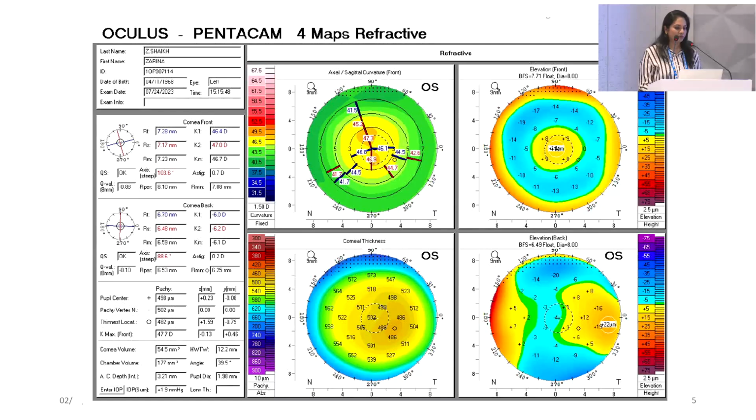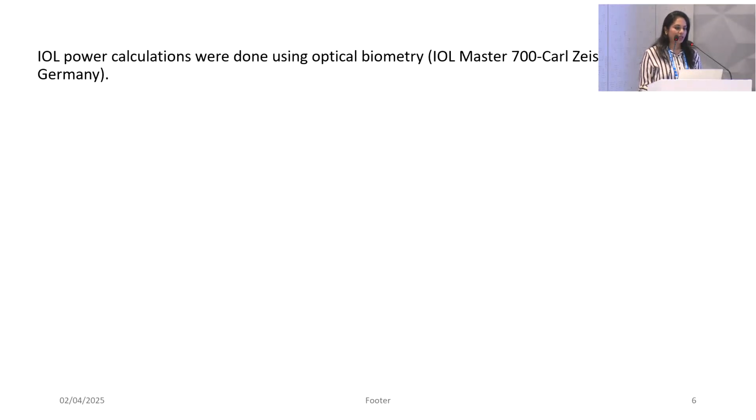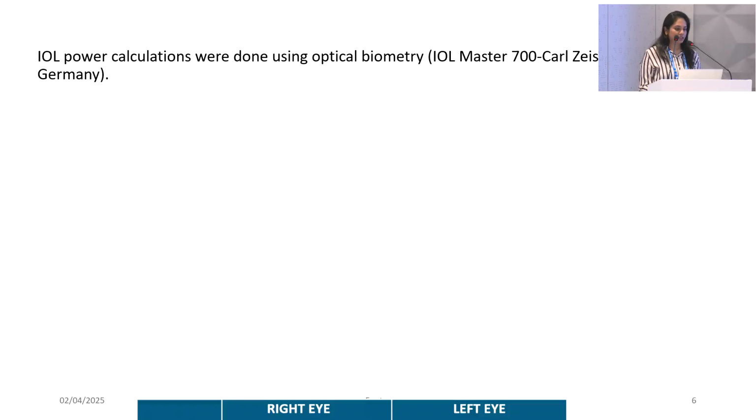Coming to the left eye, the K1 is 46.4 and the K2 is 47.0 diopters, and the Q is minus 0.69. In the left eye also, the central cornea, if you see the pachymetry map, seems to be more steepened than the paracentral area, indicating that she has undergone a hyperopic laser vision correction.